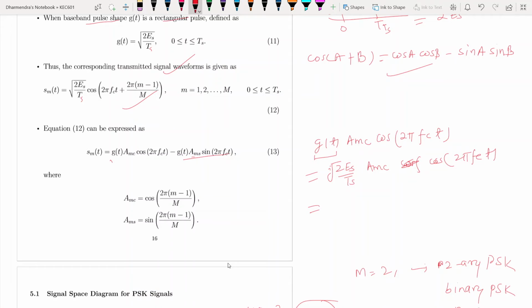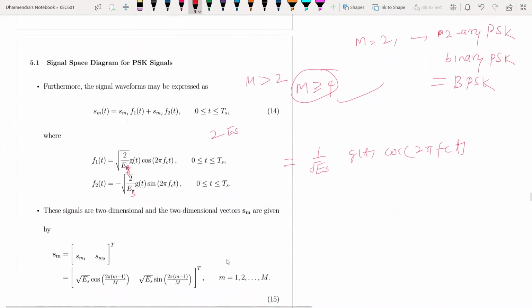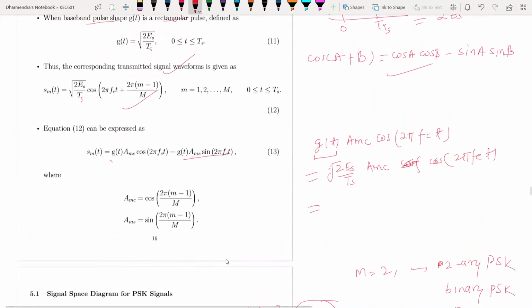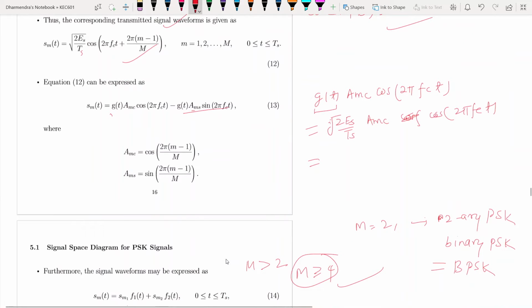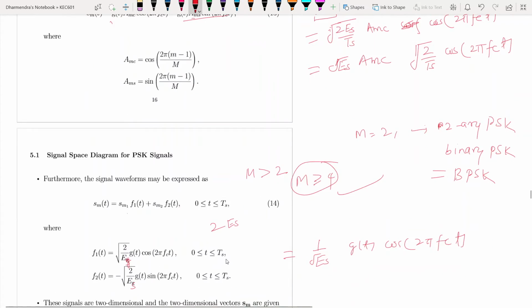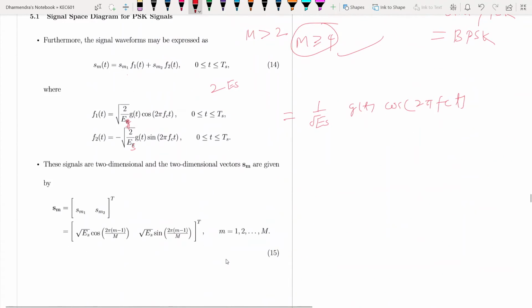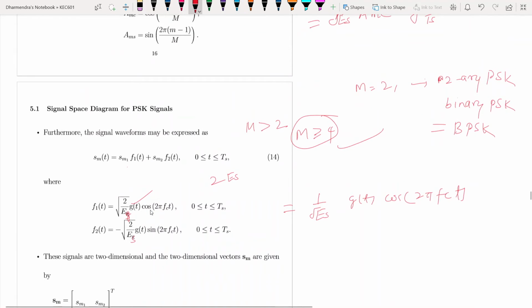So this can be written as square root Es into Amc, and then this will be 2 by Ts cos 2 pi fct. I will correct and upload, but this will be the process. Suppose there is some mistake here, I will correct it.